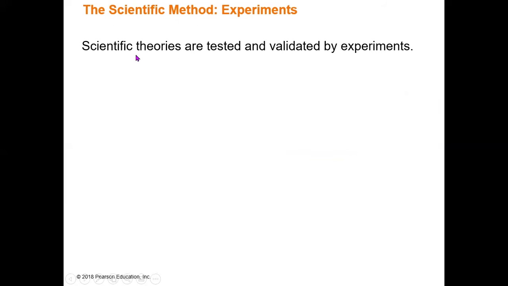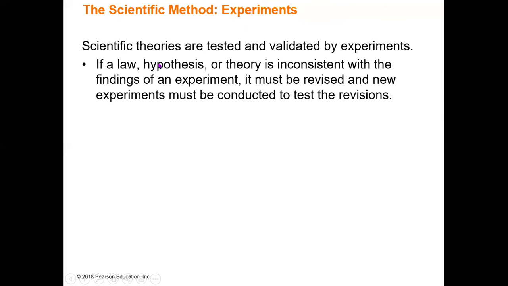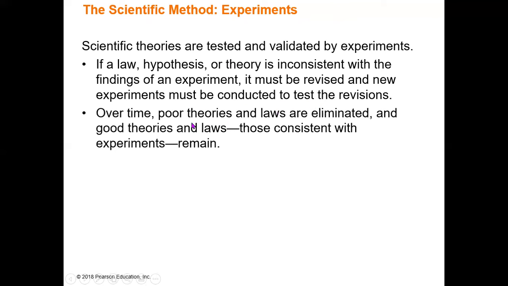Scientific method, experiment: scientific theories are tested and validated by experiment. If a law, hypothesis, or theory is inconsistent with the findings of an experiment, it must be revised and a new experiment must be conducted to test the revisions. Over time, poor theories and laws are eliminated and good theories and laws, those consistent with experiments, remain.